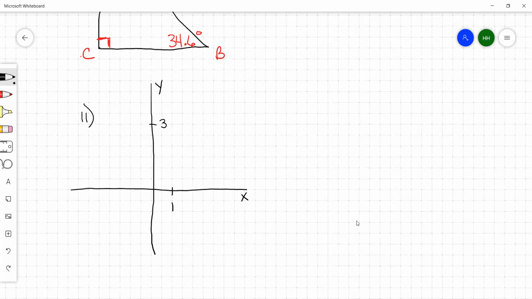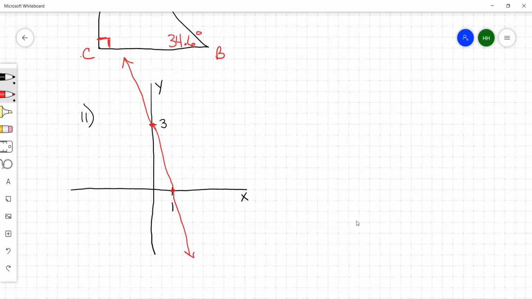How far did that go? All right, so here's our line. Try to get us a pretty straight line through here. Here's our line.